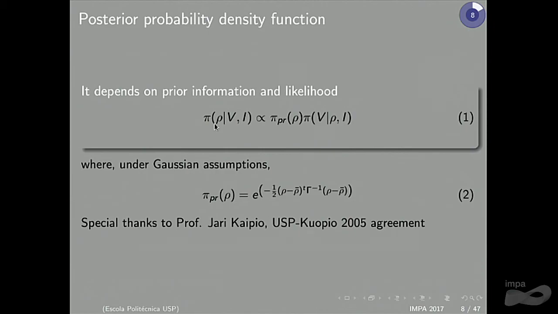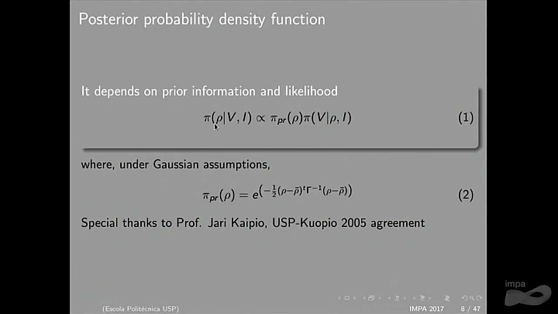And so around 2005, we made an agreement with Jari Kaipio. At that time, he was working at the University of Kuopio. Now I think the name is University of Eastern Finland. And he suggested that we regularize the problem using anatomical and physiological data.